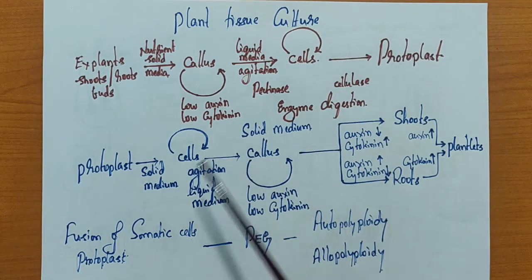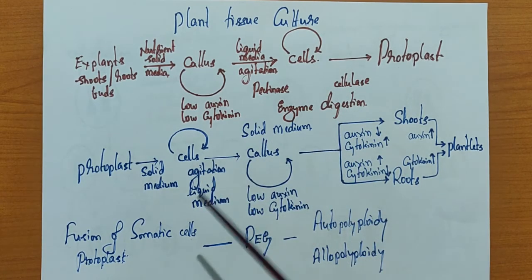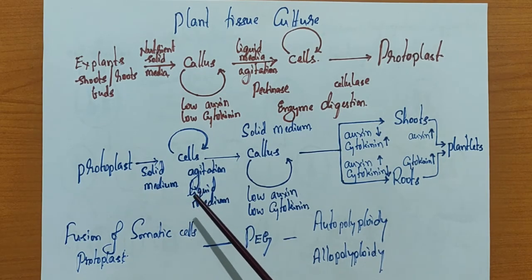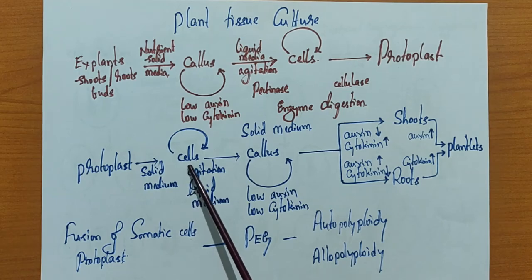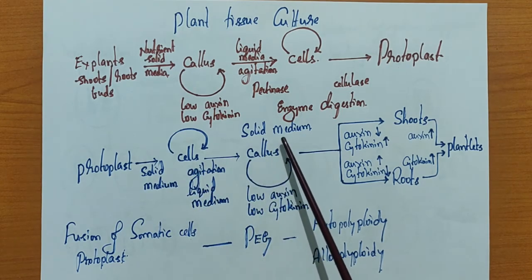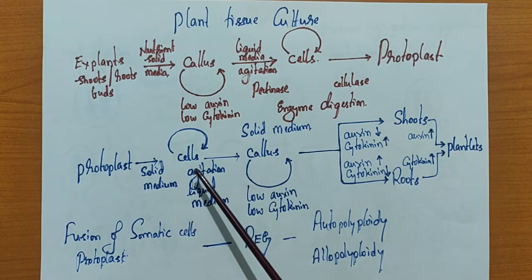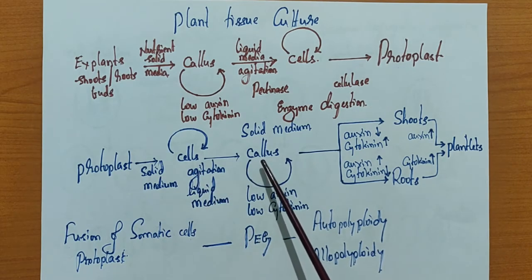Okay, now this plant cell can be further maintained in a liquid medium by inoculating into fresh medium. Suppose you take these cells and transfer them into a solid medium. Then these cells will become callus.